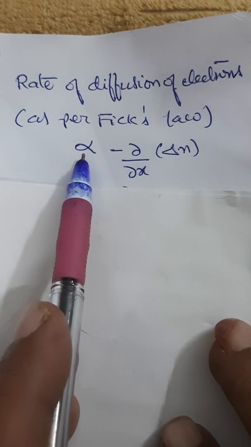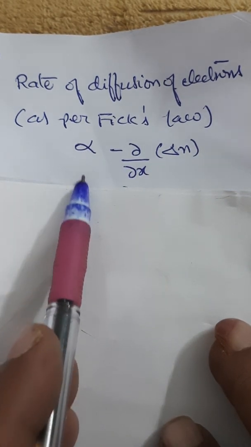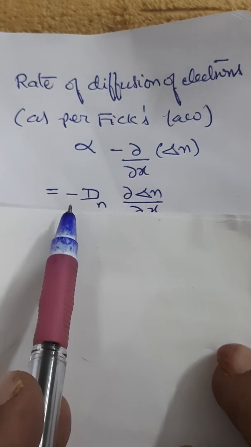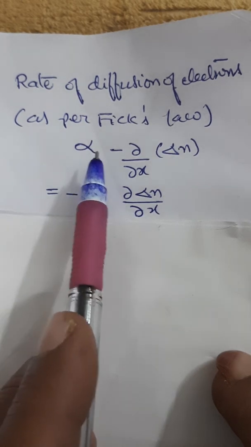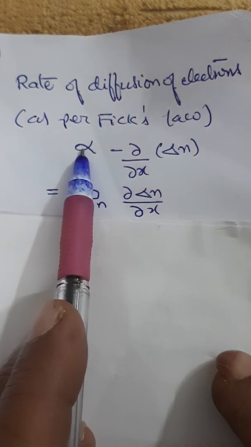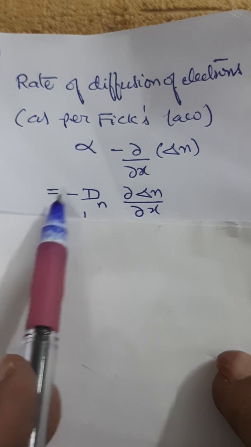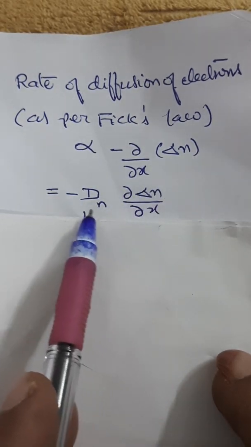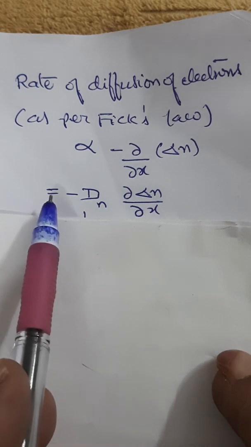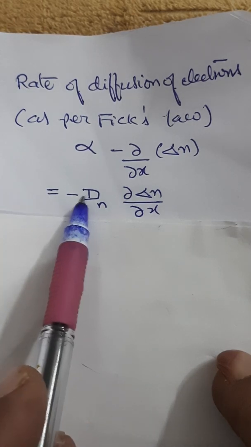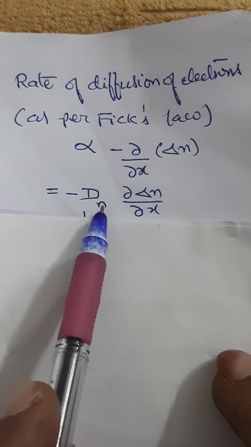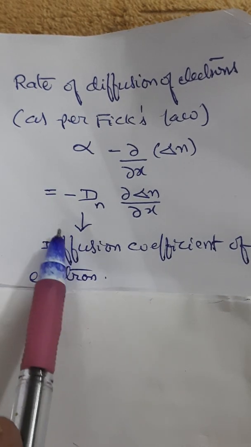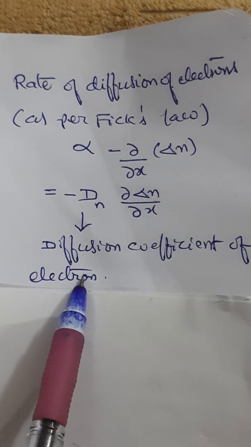When you replace the proportionality sign with an equality sign, you get a constant, which we call Dn. What is this Dn? This is the diffusion coefficient of electrons, because n refers to electrons.